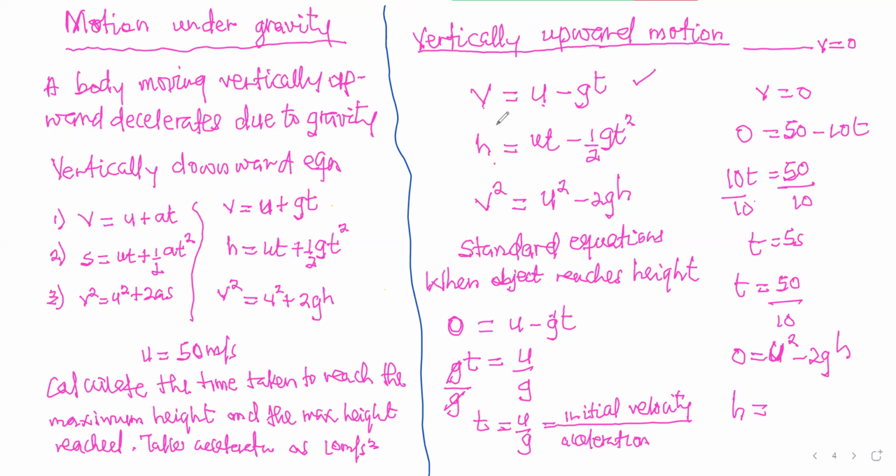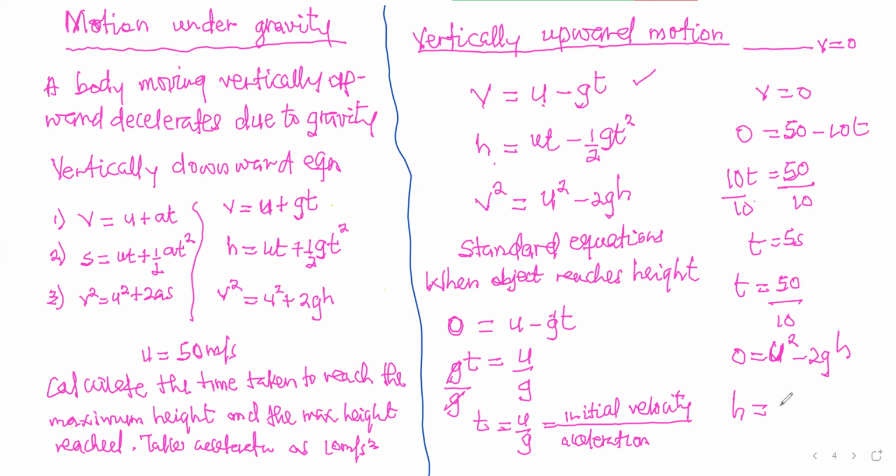Just send the negative 2gh to the other side of the equation and make h the subject. Yes, Andy. U squared over 2g.